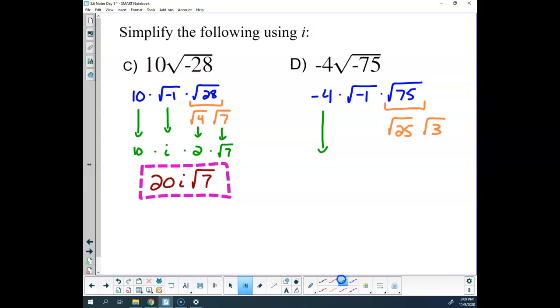Negative 4 is negative 4. The square root of negative 1 is i. The square root of 25 is 5. And the square root of 3 is the square root of 3. So this one ends up being negative 20i times the square root of 3.